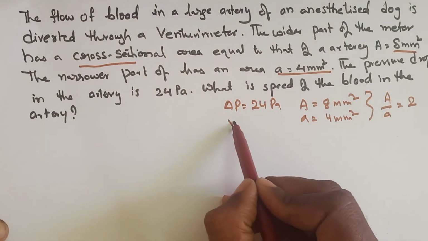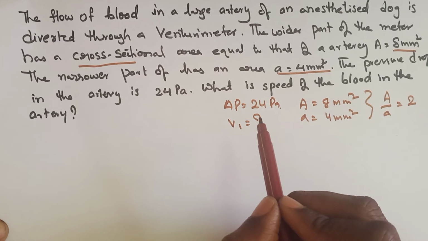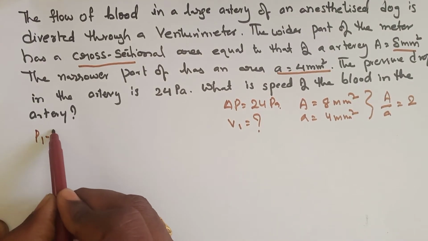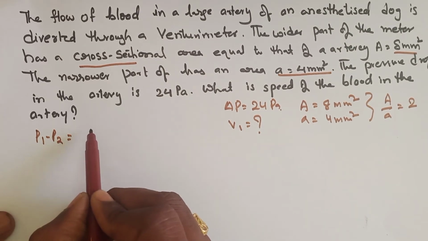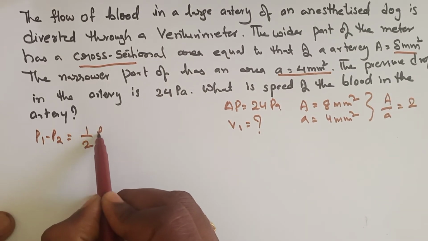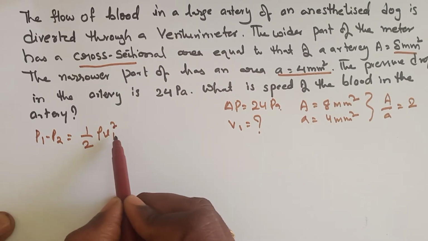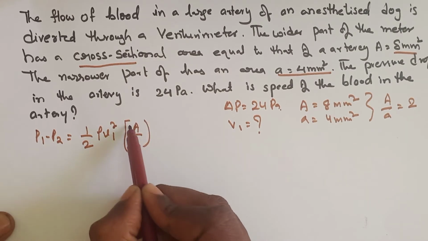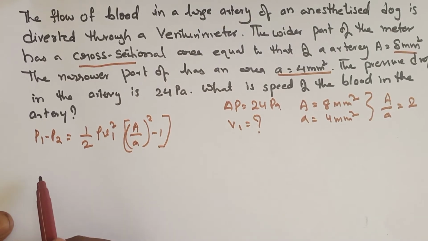Now what is the inflow speed, the speed V1, we have to calculate it, right? Now what we have seen, P1 minus P2 is equal to half rho V1 square, common, rho V1 square, into (A by a) whole square minus 1, right?